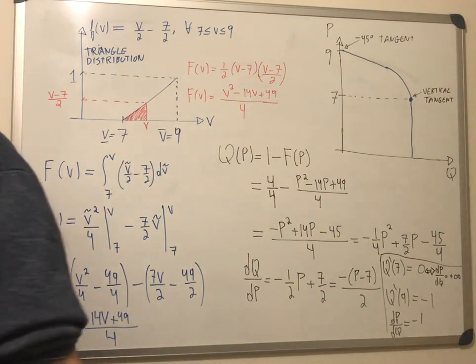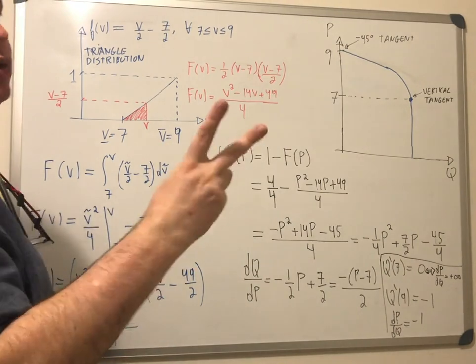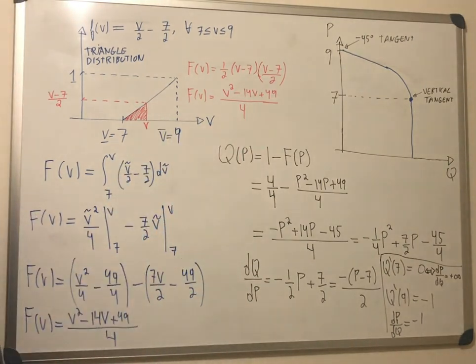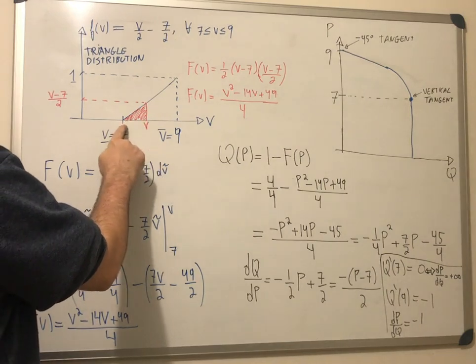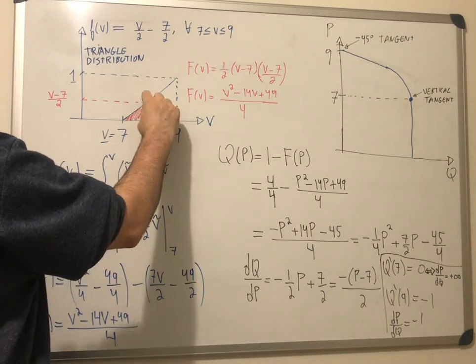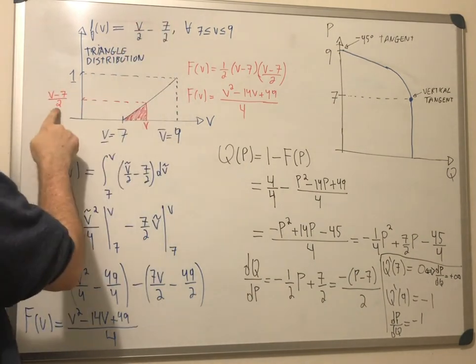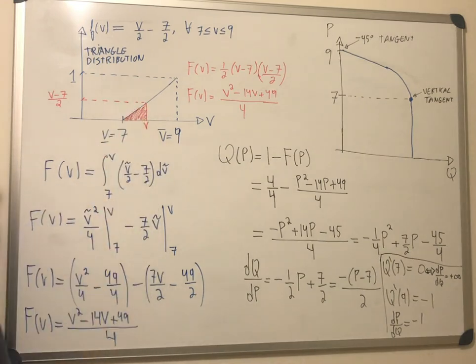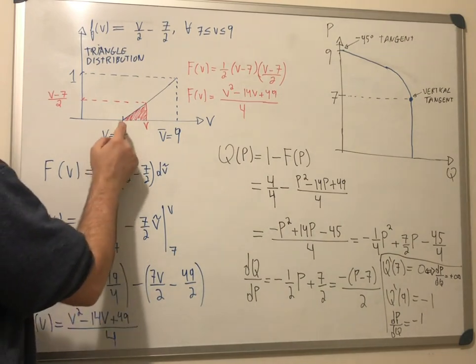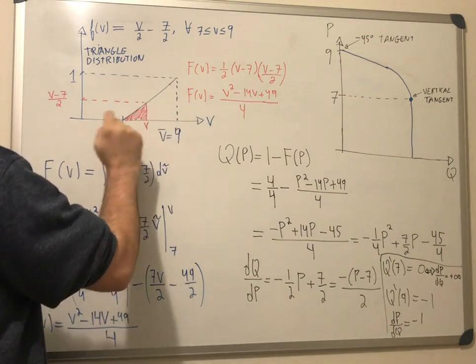I can calculate my cumulative distribution in two different ways. First, I can use geometry. At a given point v between 7 and 9, this height is v minus 7 over 2. The area of this triangle is the cumulative distribution, the area below the density.